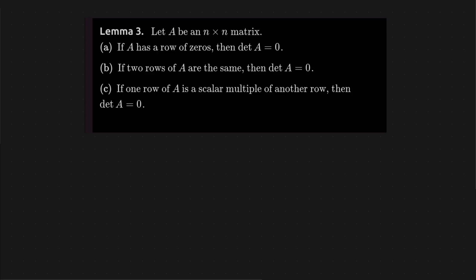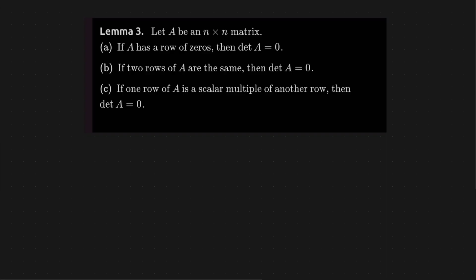Okay? But in a lot of real situations, you might as well just take the determinant right away instead of using elementary row operations. Where this idea really shines, though, is in more theoretical applications.